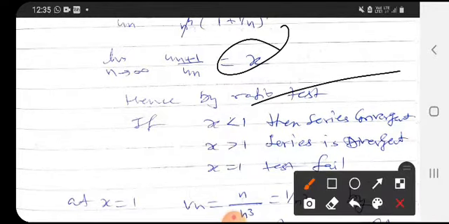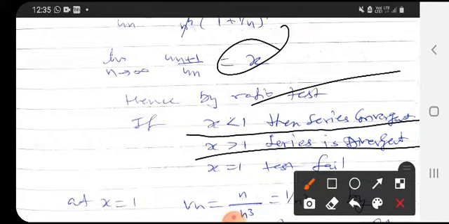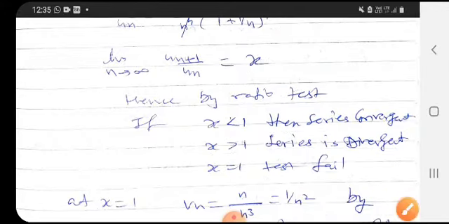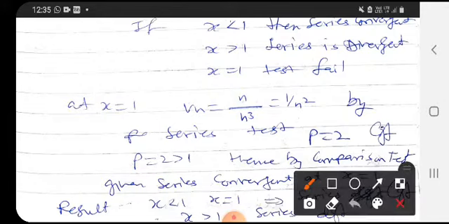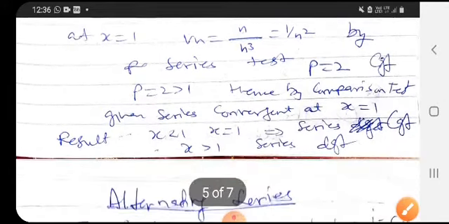By the ratio test, if x is less than 1 then the series is convergent. If x is greater than 1 the series is divergent. For x is equal to 1 the test fails. For x is equal to 1, vn is equal to n upon n cube, 1 upon n square, by the p series test, p is equal to 2. Hence by the comparison test the given series is convergent.